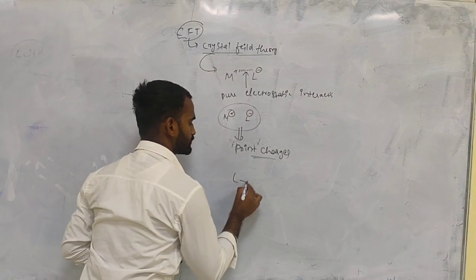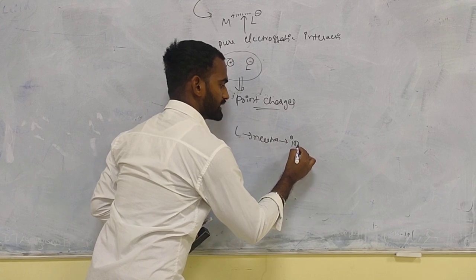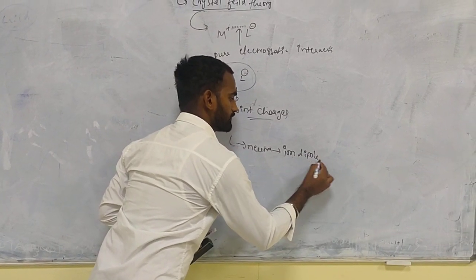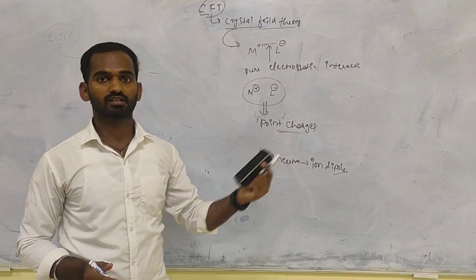If the ligand is neutral, then it is considered as an ion dipole. These are the first basic points we have to remember before going to the crystal field theory.